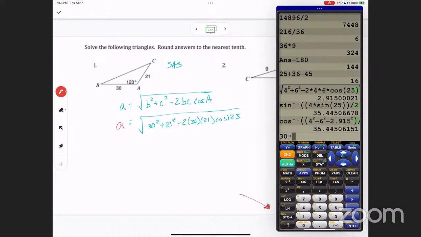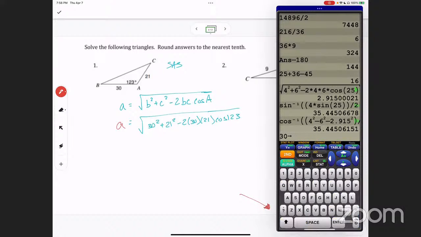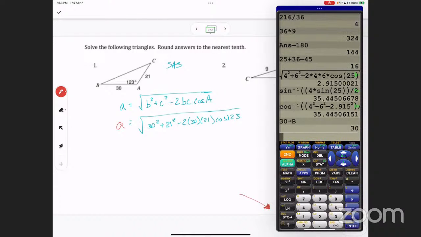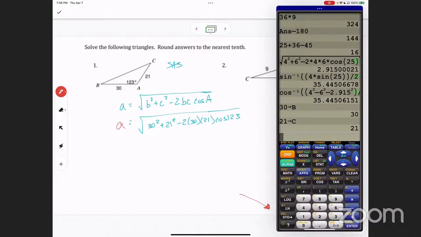STO 30, and then hit alpha and get your letter. I'm going to store that for B and hit enter. Then I could type in 21 store alpha C and hit enter. And by the way, I would store 123 for A.